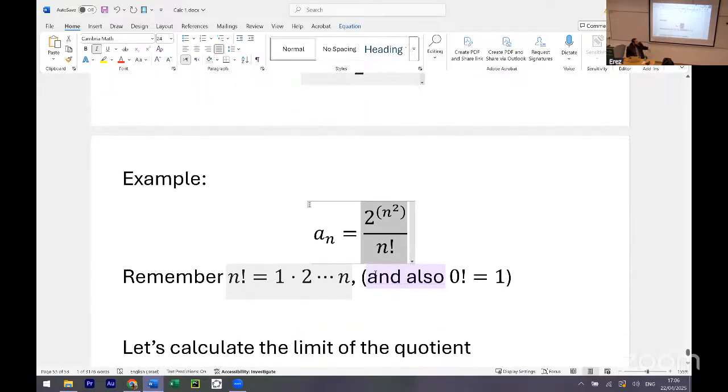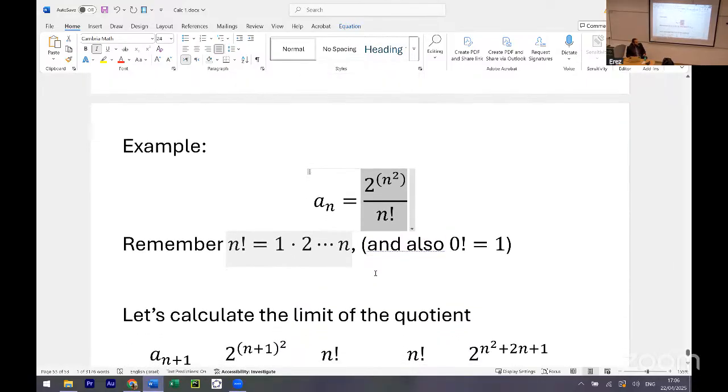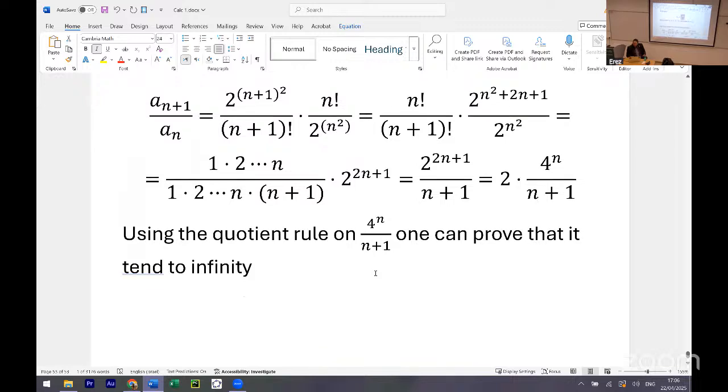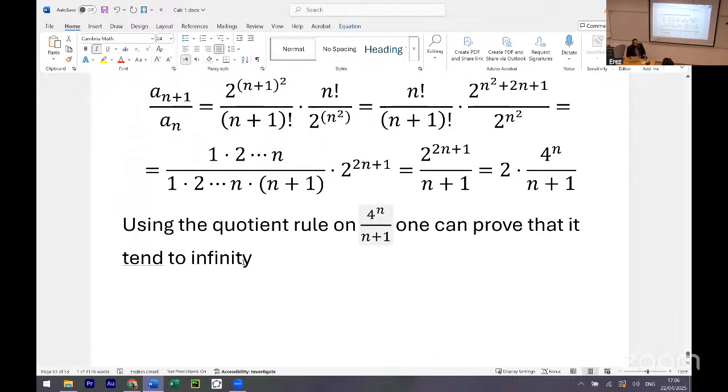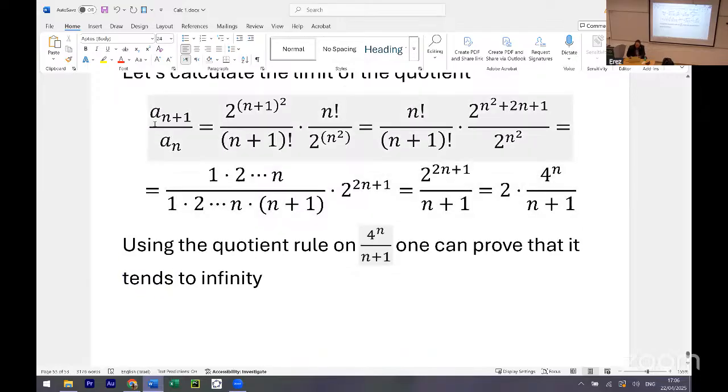And again, we do the quotient. So what we've proven is that the quotient tends to infinity, which is undoubtedly bigger than 1.